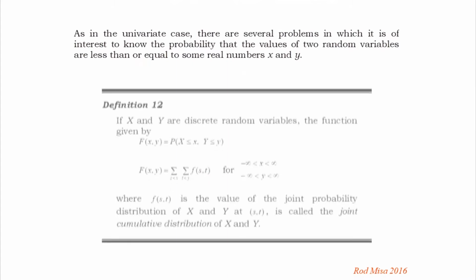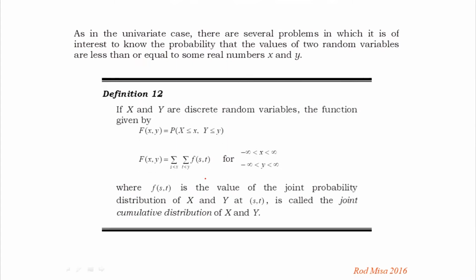So, as in the univariate case, there are several problems in which it is of interest to know the probability that the values of two random variables are less than or equal to some real numbers x and y. And this paves the way to the definition of the joint cumulative distribution of the random variables x and y.